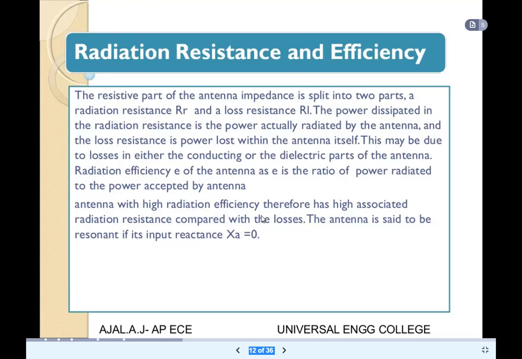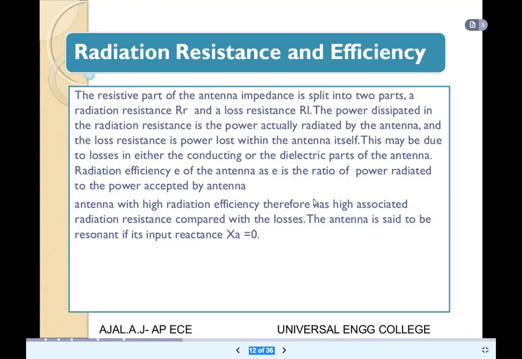Then we see the most important parameter, the radiation efficiency. Radiation efficiency is denoted as E of the antenna, and it is the ratio of the power radiated by the antenna to the power accepted by the antenna.